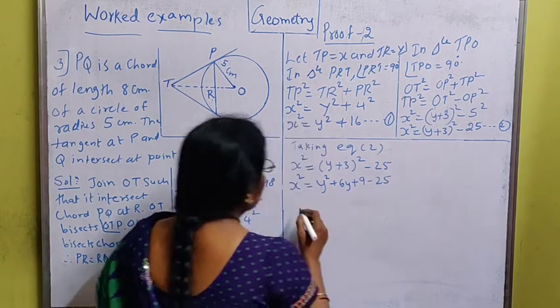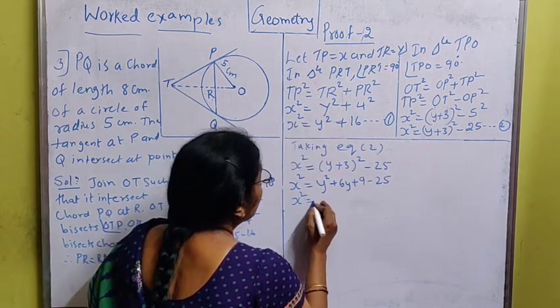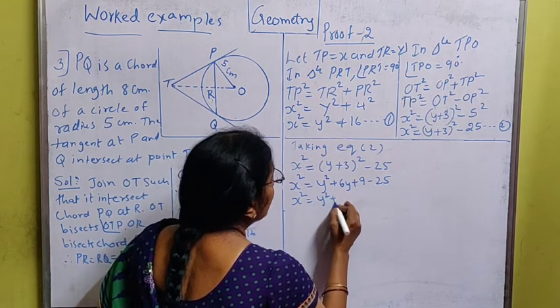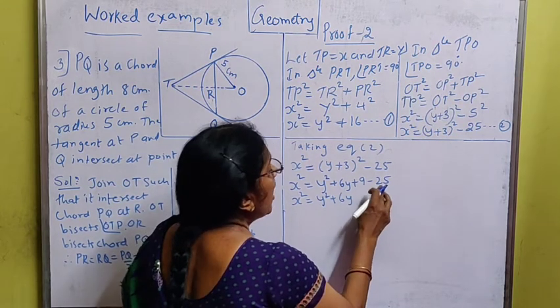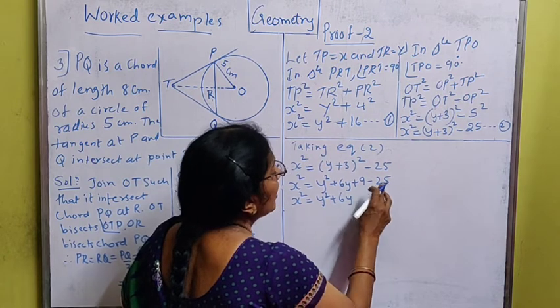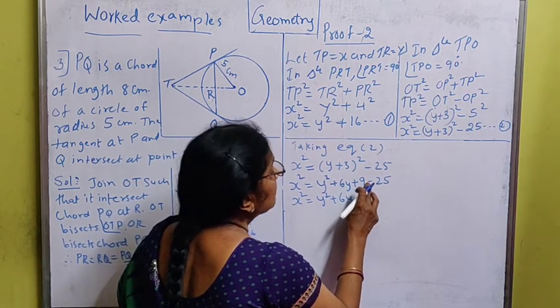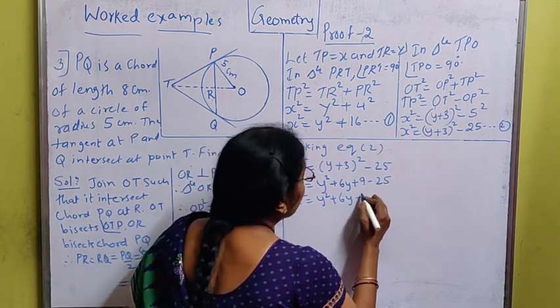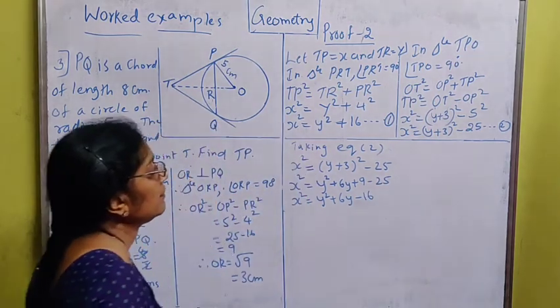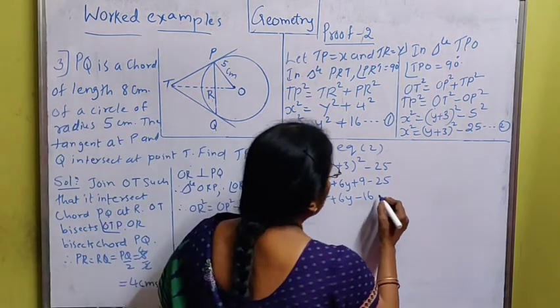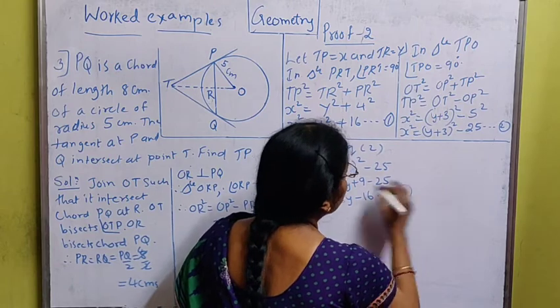Minus 25. So what shall I get? X square is equal to Y square plus 6Y plus 9 minus 25. 25 is a bigger number and the sign is minus, so if I subtract, I will get minus 16. Now this we will take as equation number 3.